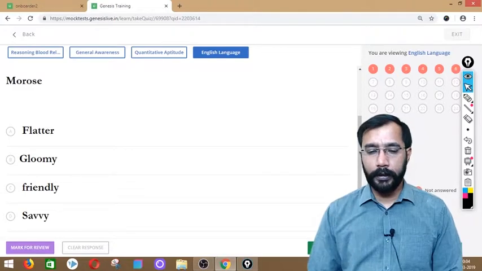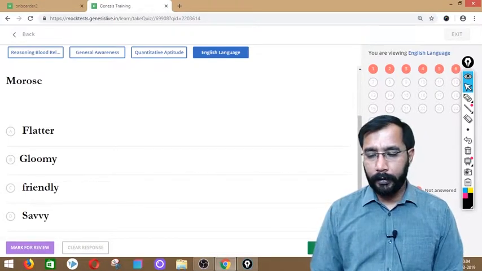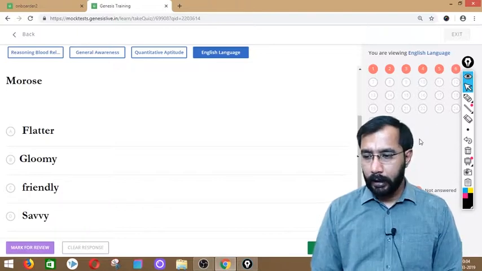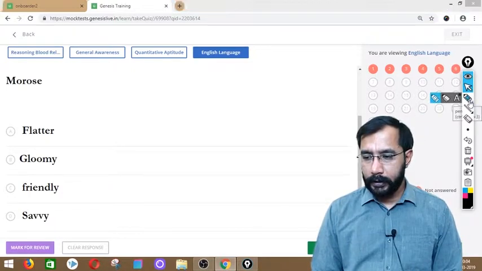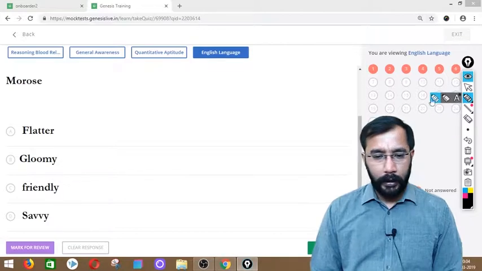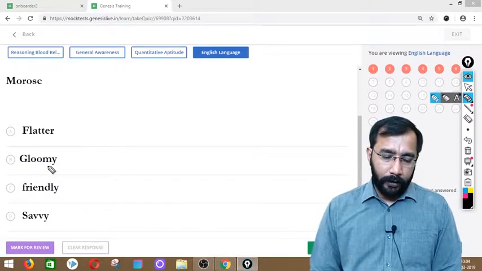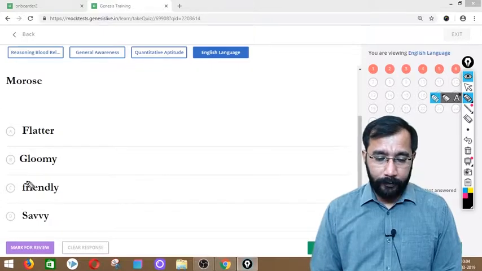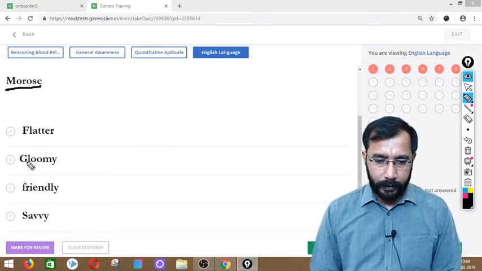The next question is again about synonyms, but this time the word is morose, and they want to know the synonym for morose. Whenever you're grieving over something, or when you're feeling bad, when you're feeling dull, that's when you use the word morose. And the synonym for this particular word in the given options is gloomy.